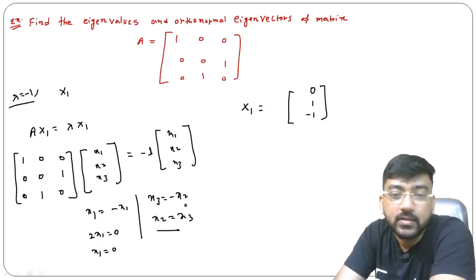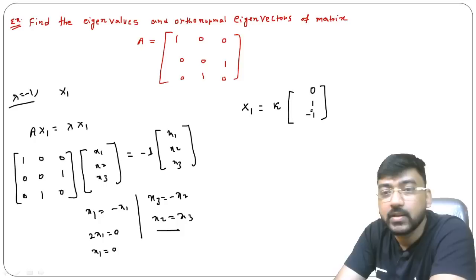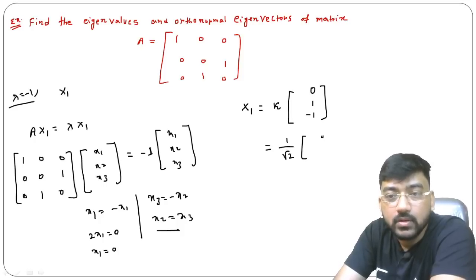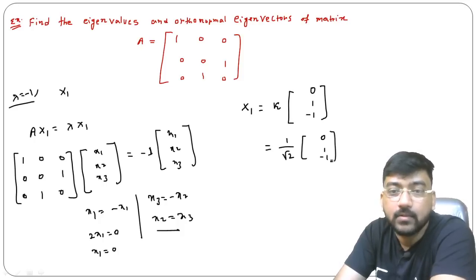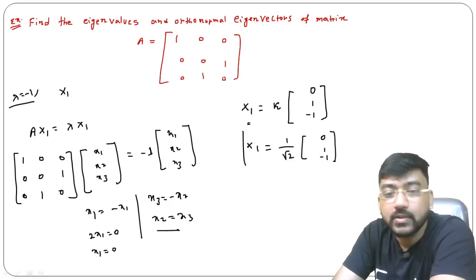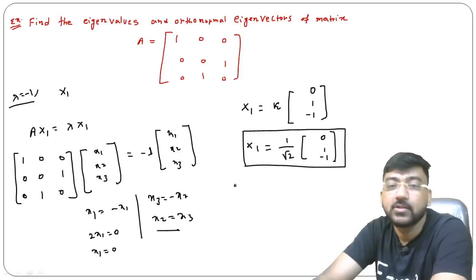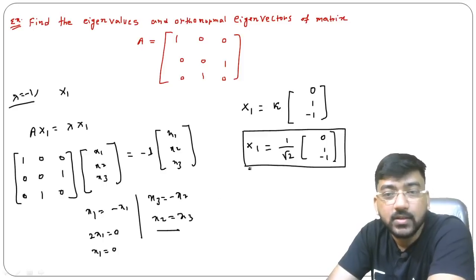Okay, so if you take x2 as plus 1, then your x3 will be minus 1 multiplied by k, and you will get from here 1 by root 2 times 0, 1 and minus 1, and this is your x1. So this is the eigenvector corresponding to lambda is equal to minus 1.